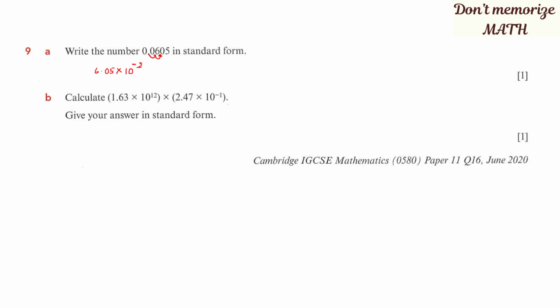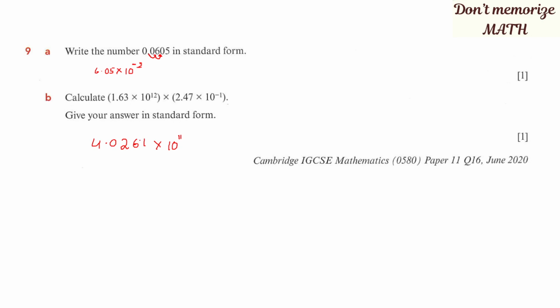So 10 raised to 12, close the bracket, times, open the bracket, 2.47 times 10 raised to minus 1. Directly close the bracket. Then press equal to, you will get 4.0261 times 10 raised to 11. That is terminating, so no need to change it. You can write the same. 4.0261 times 10 raised to 11.